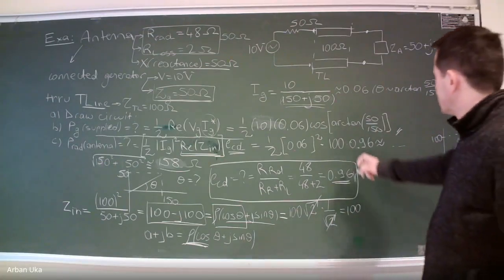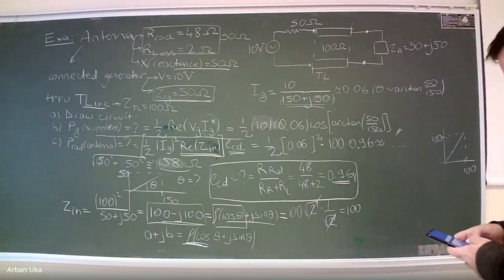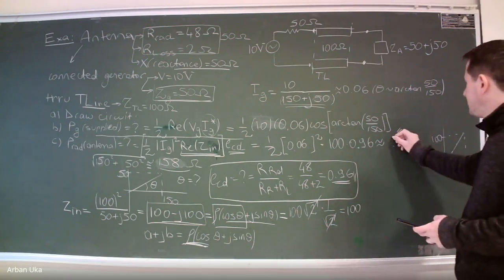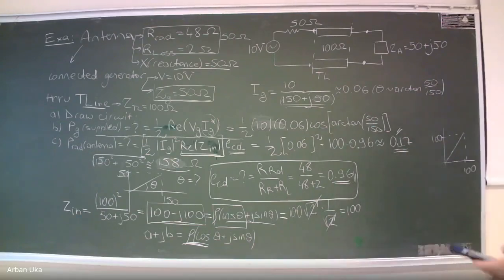So it's going to be a number: 0.96 times 0.06 times 0.06 divided by 2 times 100, 0.17. So this will be approximately the power radiated by the antenna.